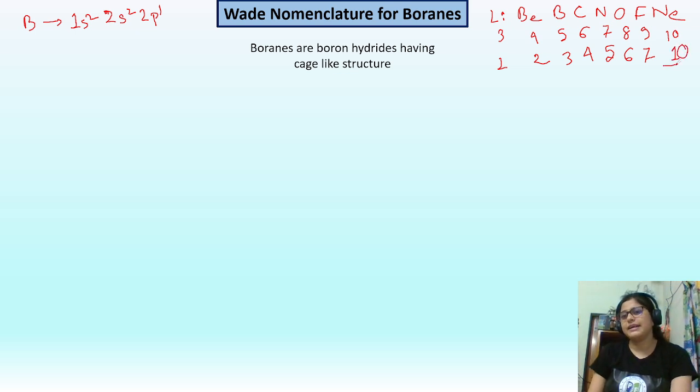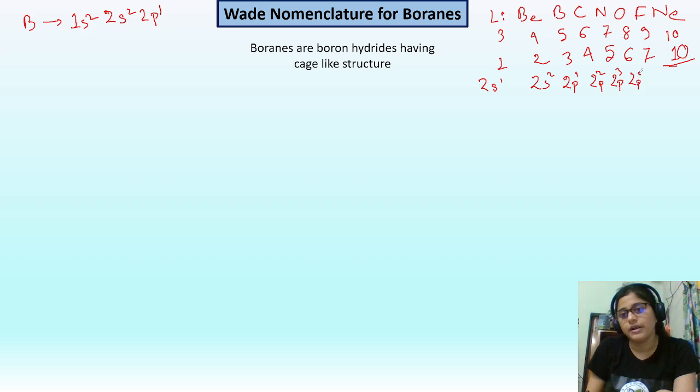These are inactive, so let's not talk about these. This is 2s1, this is 2s2, this is 2p1, this is 2p2, this is 2p3, this is 2p4, and fluorine is 2p5. Here we are talking about boron. Its last electron is in 2p1.